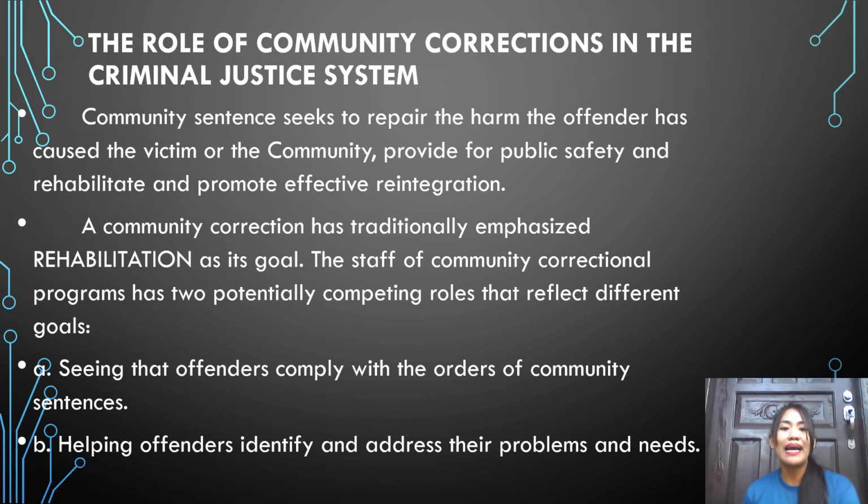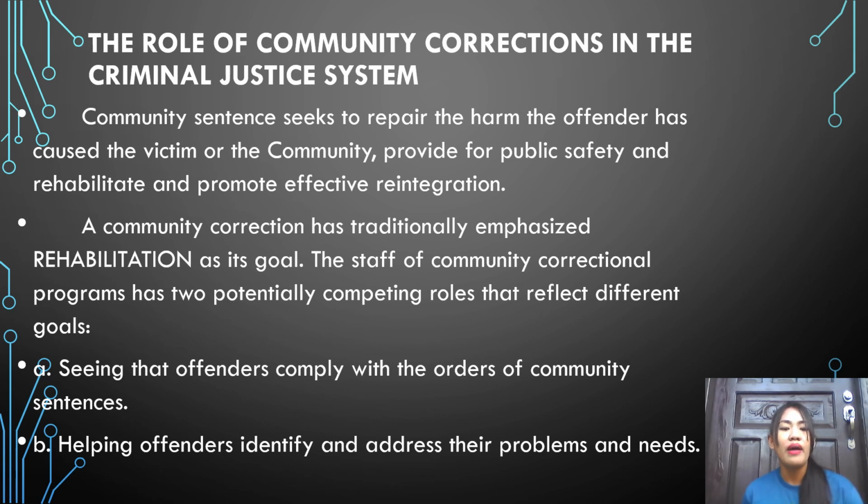The community correction has traditionally emphasized rehabilitation as its goal. So the staff of the community correctional program has two potentially competing roles that reflect different goals. So number one, seeing that offenders comply with the orders of community sentences.